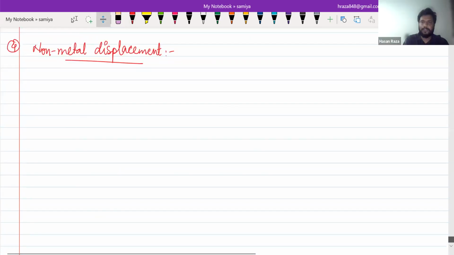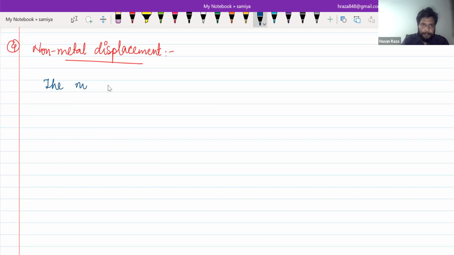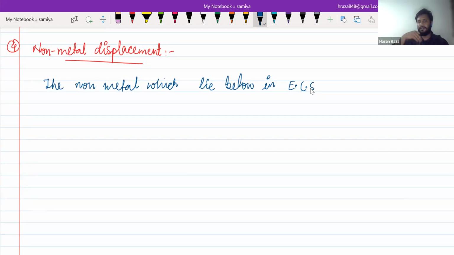Now, when it comes to non-metal displacement, I'm going to write a sentence. Please read it carefully. The non-metal which lies below in ECS can displace the non-metal from its salt which lies above in ECS. I already told you it will be the reverse.